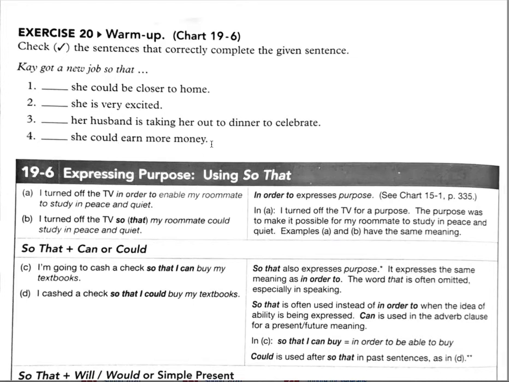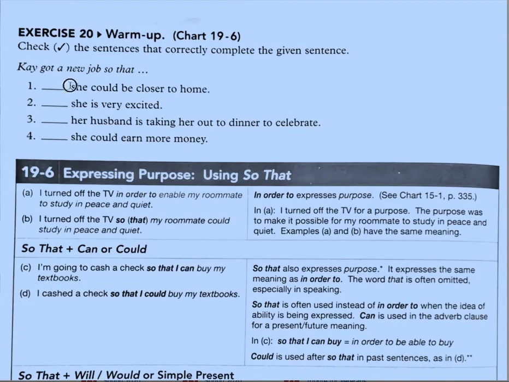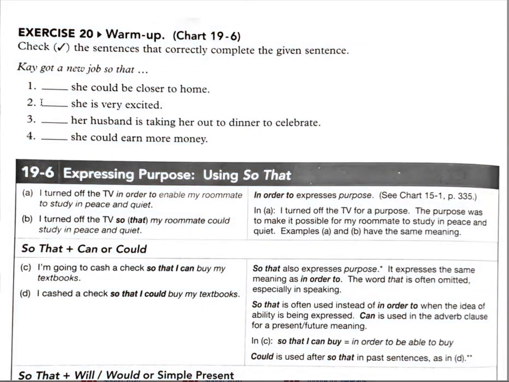So what are logical reasons that people get a new job? Number one, Kay got a new job so that she could be closer to home. That is correct. Number two, Kay got a new job so that she is very excited. No, you don't get a new job to be excited.